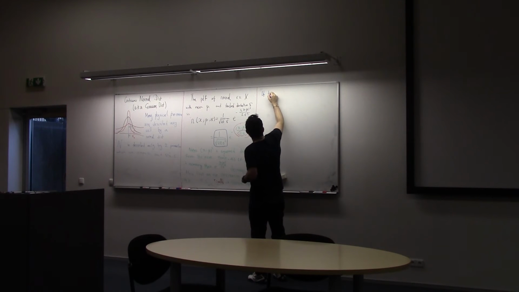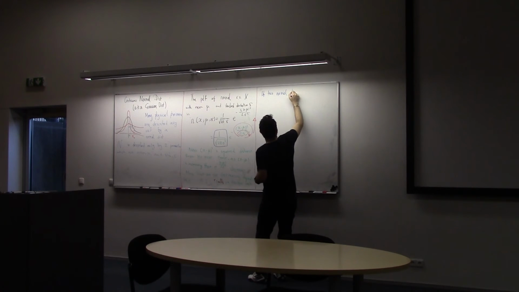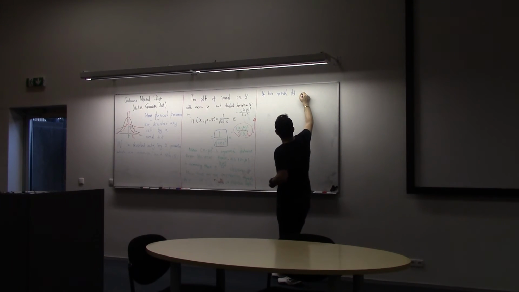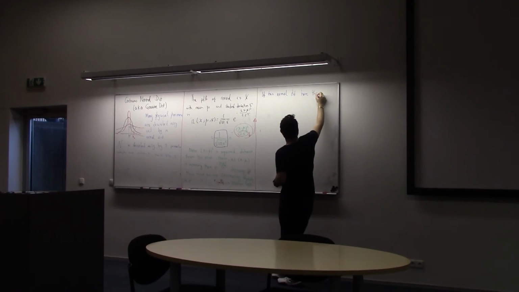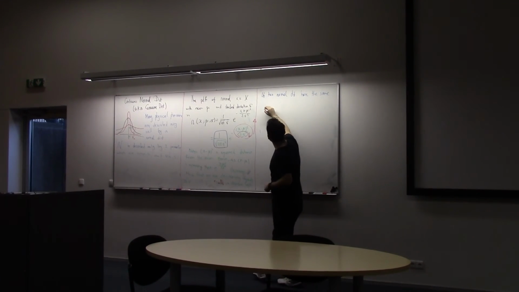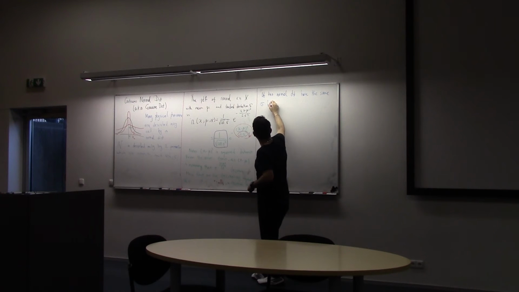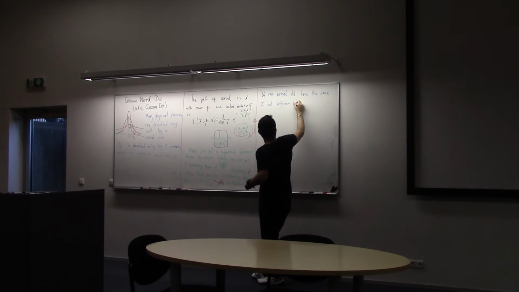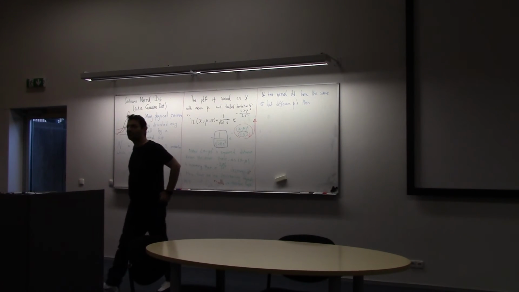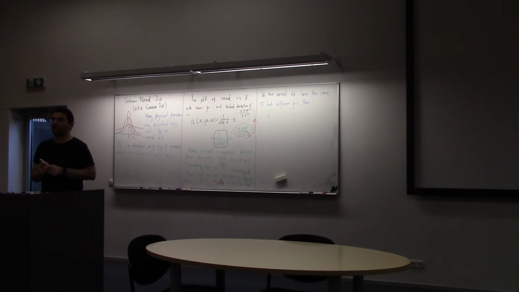If two normal distributions have the same sigma but different mu's, how do they look? We have two normal distributions. For one, sigma is 1 and mu is 1.